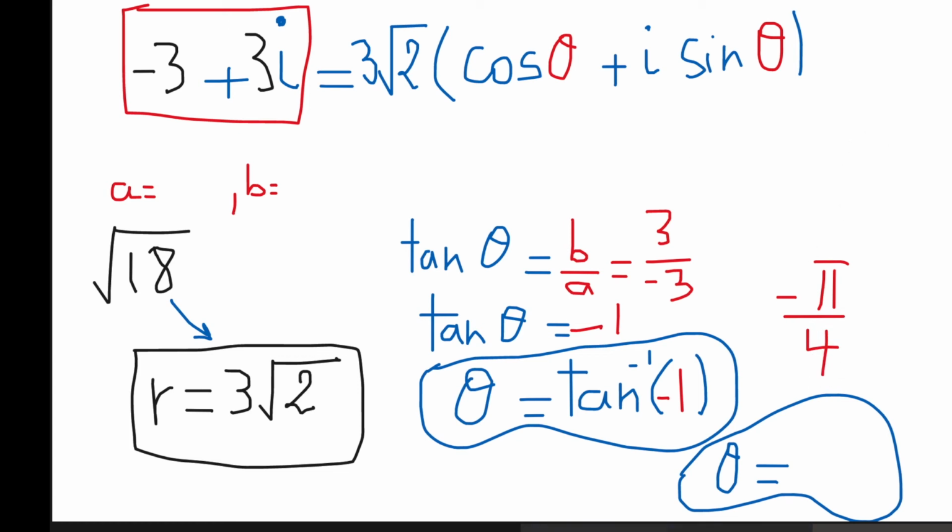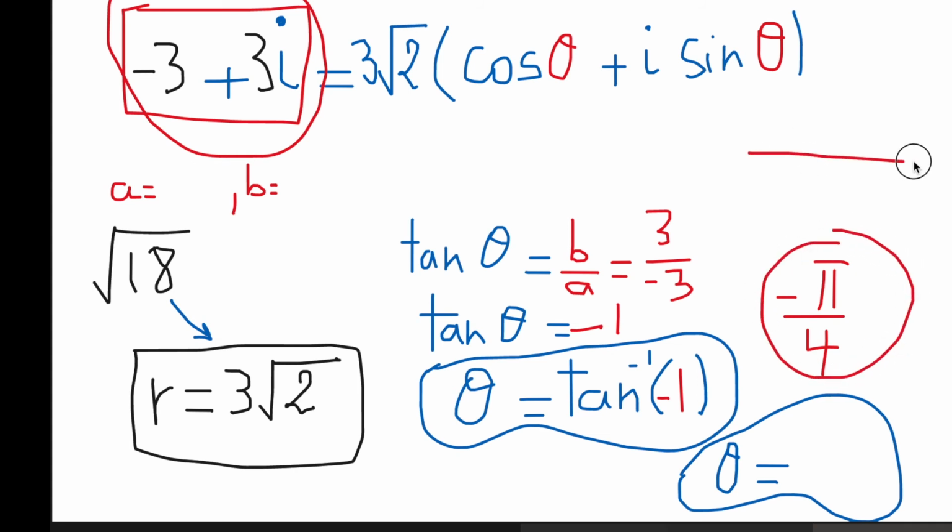Let's represent this number and see if the angle does fit or not. Negative 3 on the x or real part, and 3 on the y. So you get your number in the second quadrant. That's the representation. Your angle definitely is not negative pi over 4.